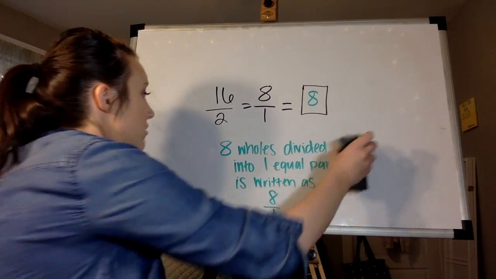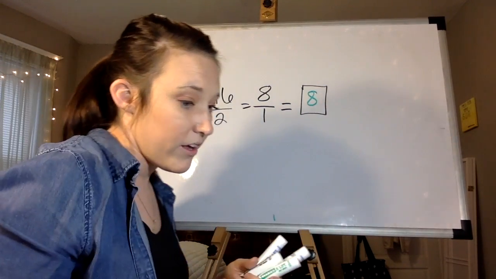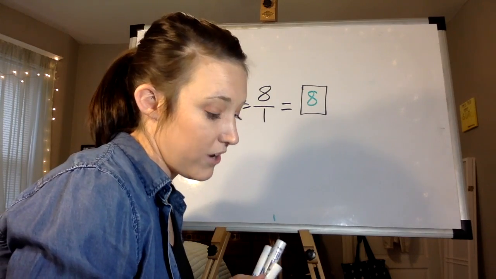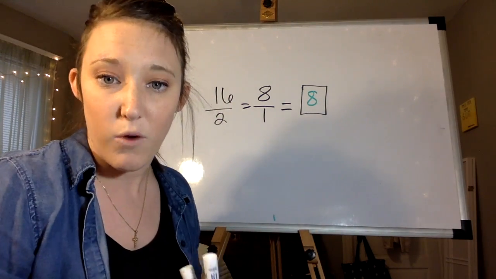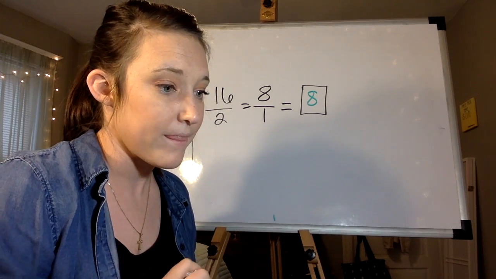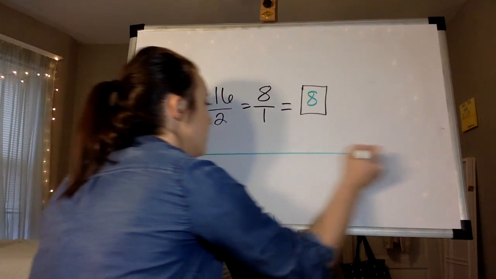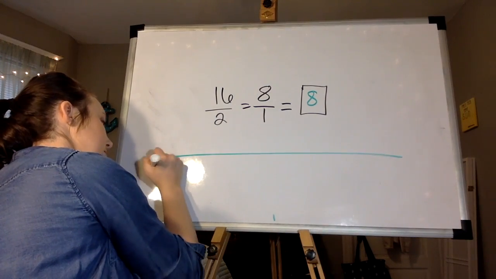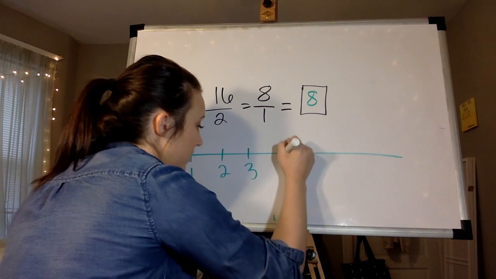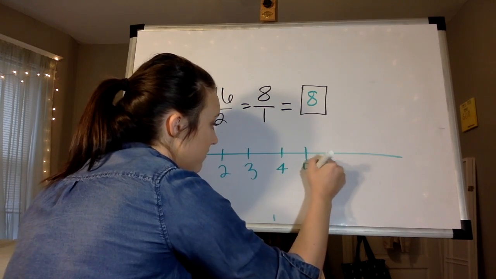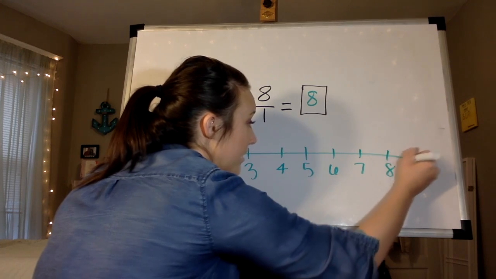You also can draw it out on a number line, but you'd be drawing for quite a while because you would have to go, so you would have 0, 1, 2, 3, 4, 5, 6, 7, 8.